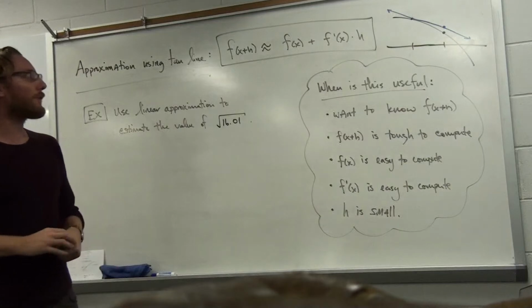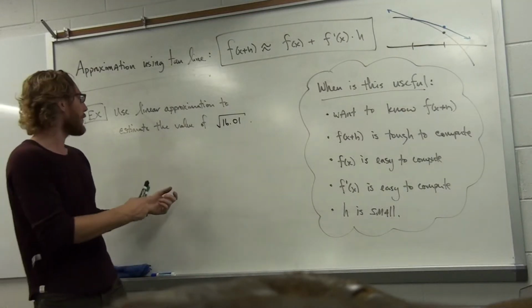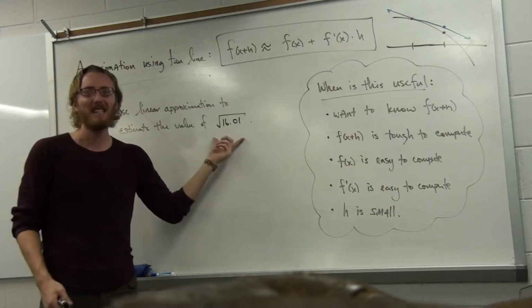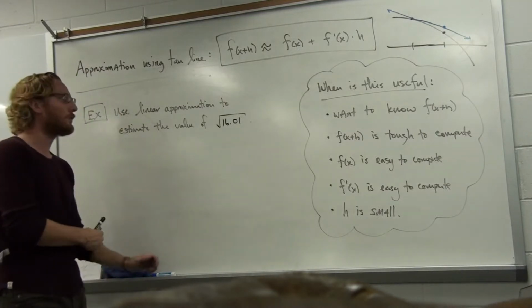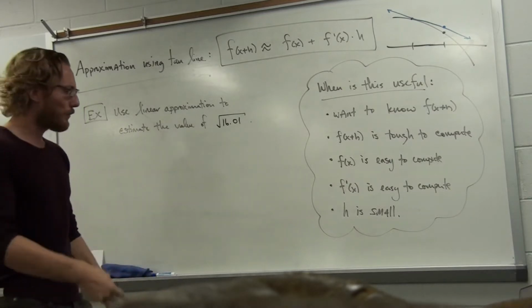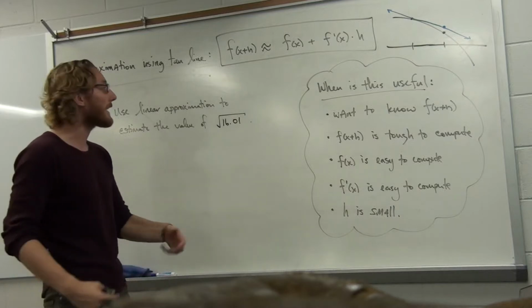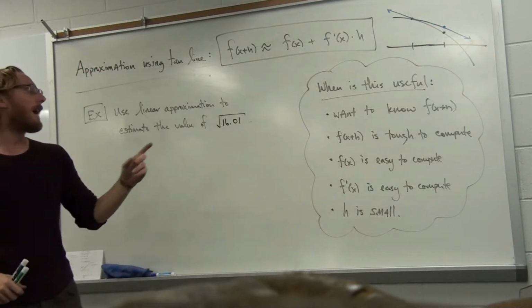And frankly, if you're trying to do something really nasty, like let's try to estimate the value of square root 16.01. In the last video, we were cubing 2.02, and you might have even thought, well, Dr. Y, 2.02 times 2.02 times 2.02, I could have run through that faster than we ran through the problem. Maybe so. But what about this guy?